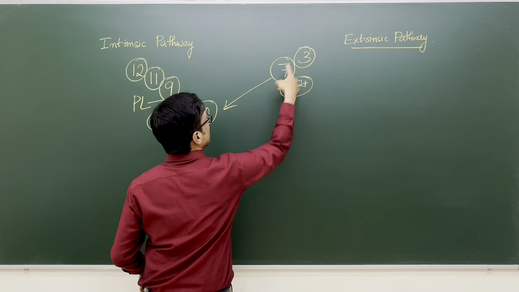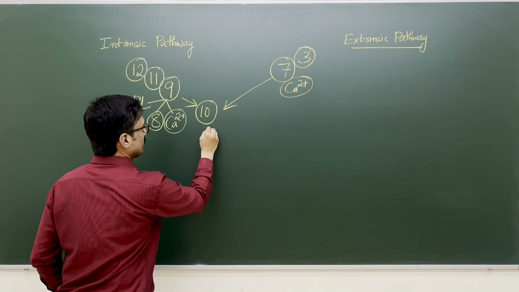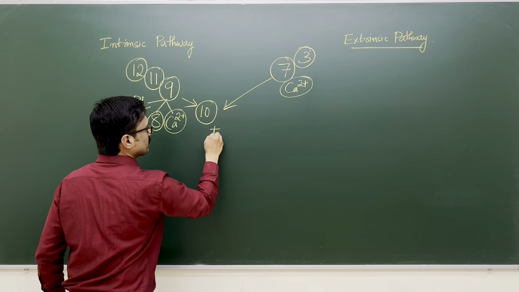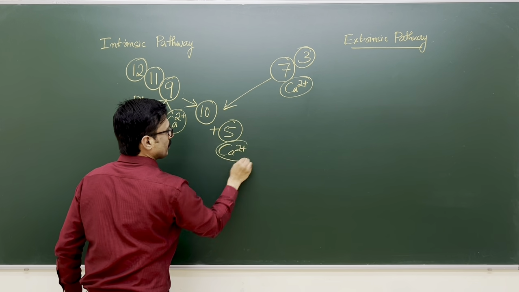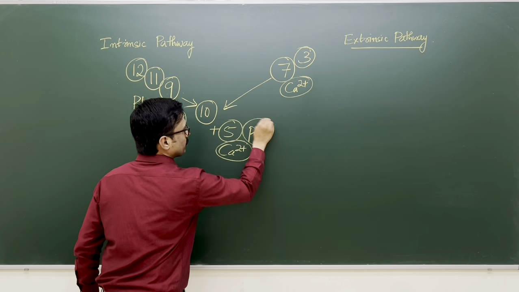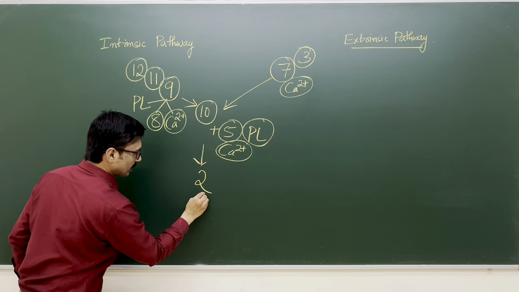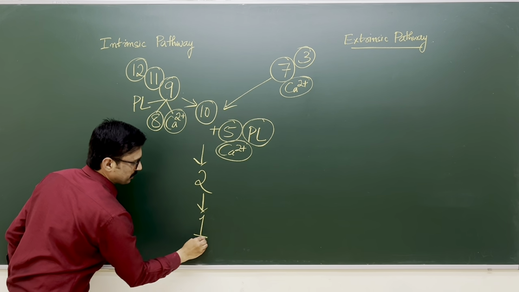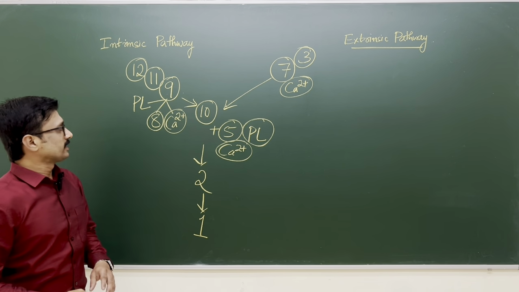So 7 plus 3, 10. 9 will activate 10. So 10 is getting activated. Now this activated 10 will bind with 5 and calcium over the platelet phospholipids, and will activate factor 2. So this factor 2 will convert fibrinogen to fibrin, factor 1. So this is the summary of intrinsic and extrinsic pathway.